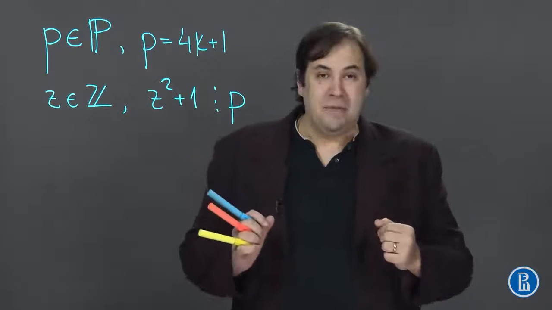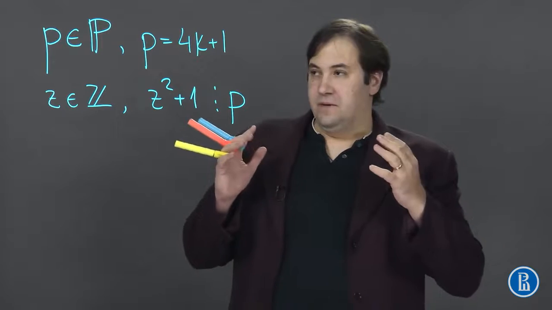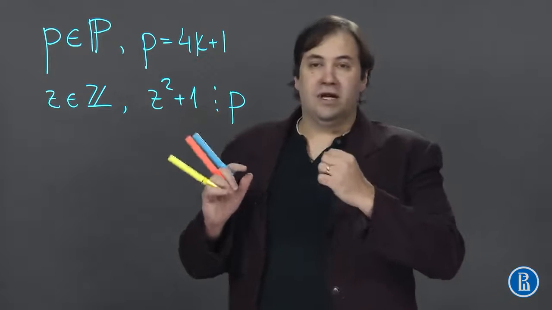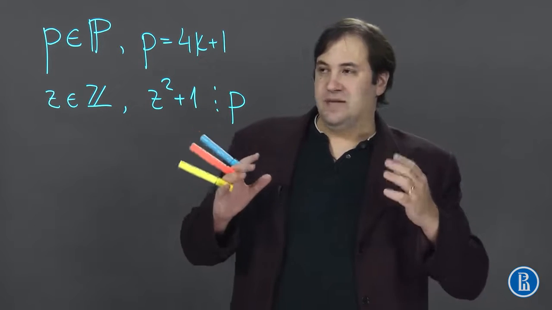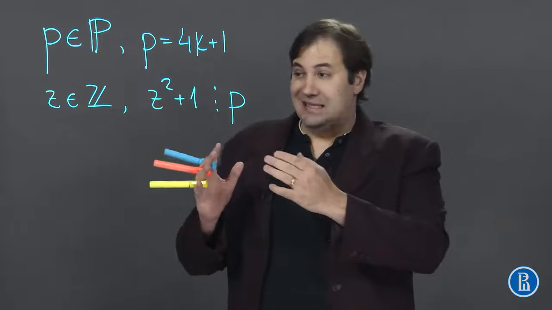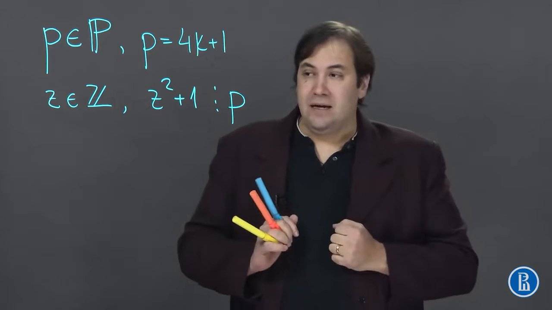Hello and welcome back. In the previous video, we saw that if p is a prime integer of the form 4k plus 1, which means that its remainder when divided by 4 is equal to 1, there exists an integer z such that z squared plus 1 is divisible by p.